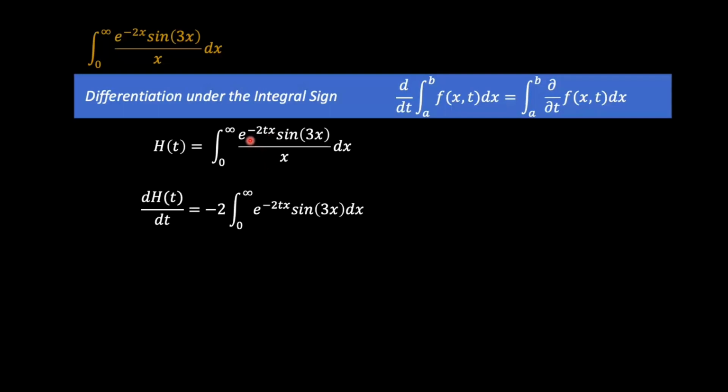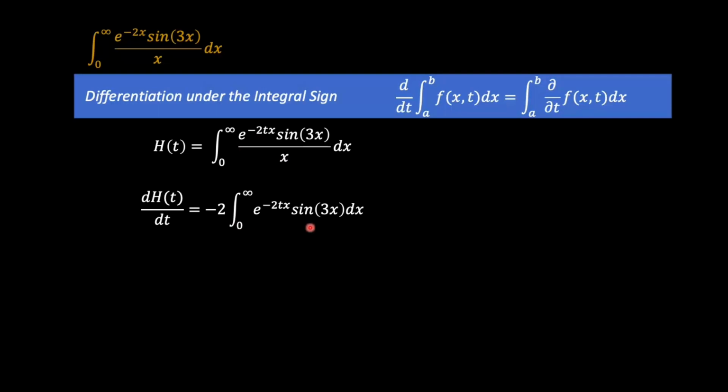So when we take the partial derivative of the integrand here, you see clearly the negative 2x comes out. And that x in the numerator cancels with the x in the denominator, and we're left with the negative 2 right there.